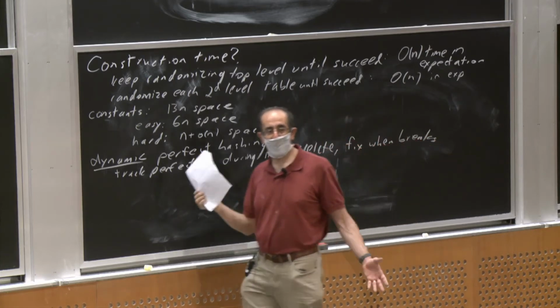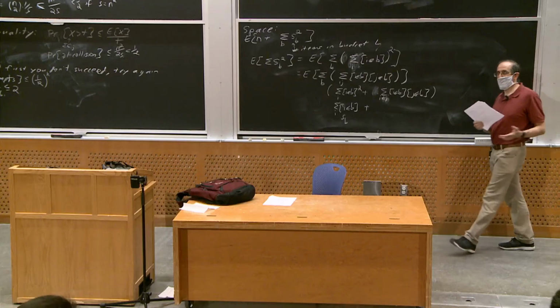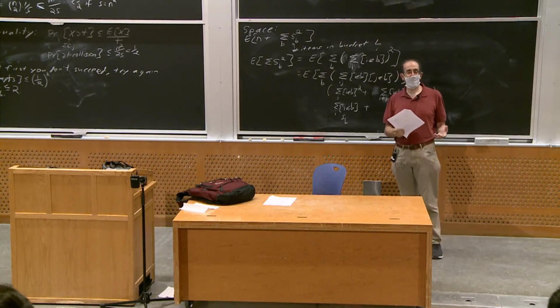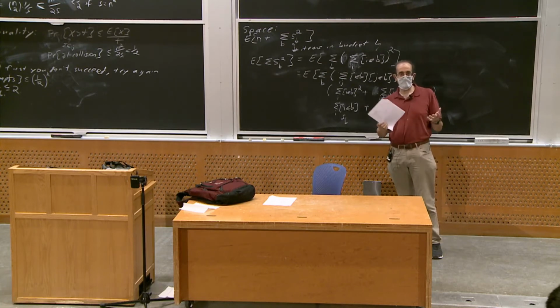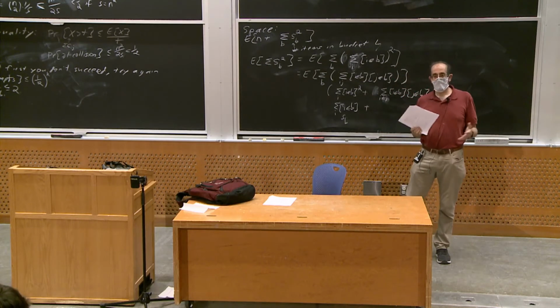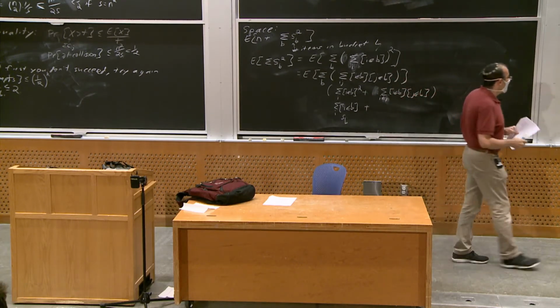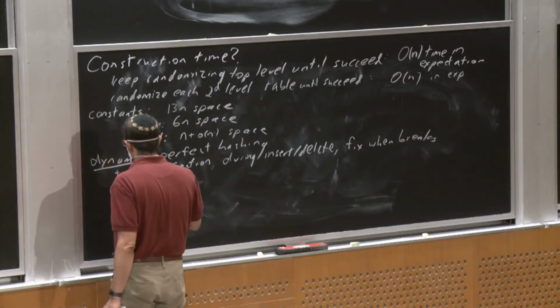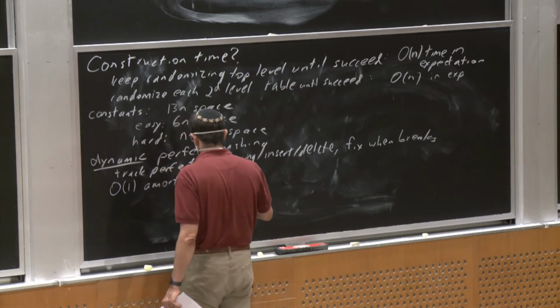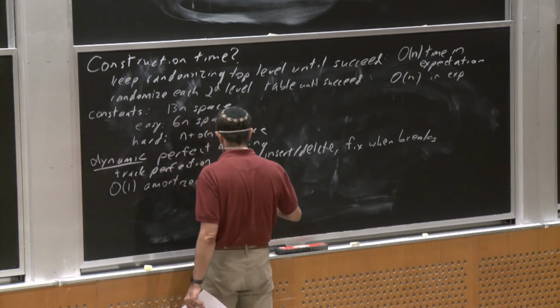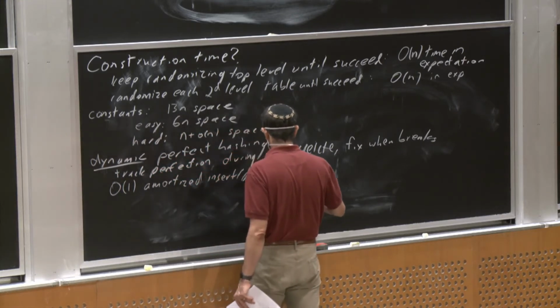So you've got this two-level hash function, and you use it until some items collide. And when those items collide, you rebuild the part of the hash table where there's a problem. Right? And if you do this cleverly, you can still manage order 1 amortized inserts and deletes in expectation.